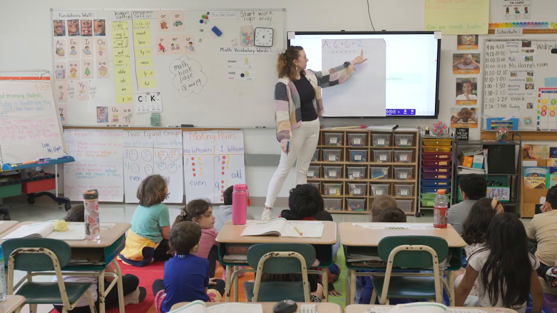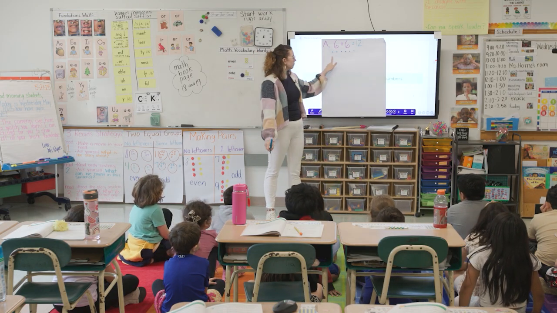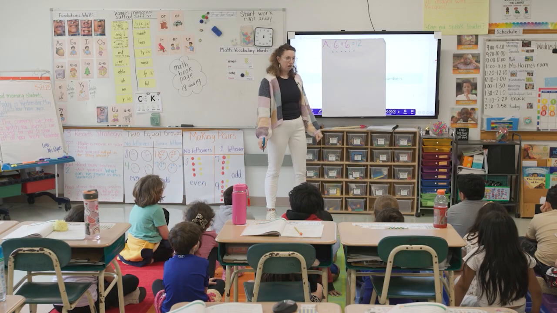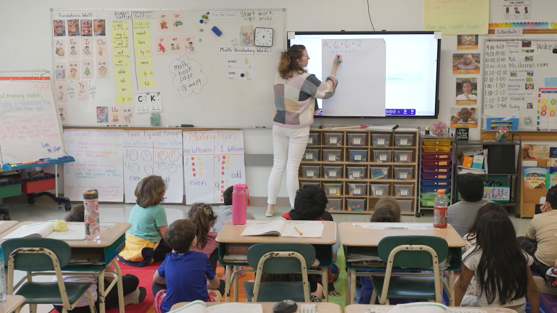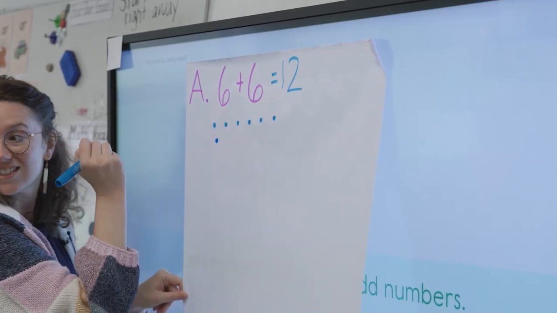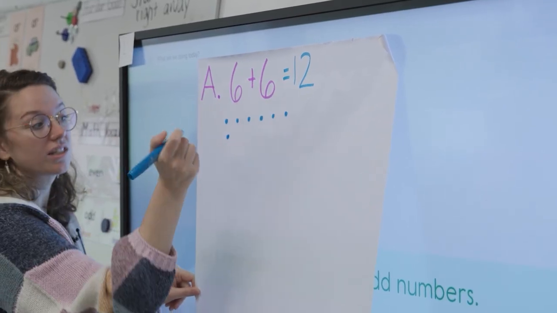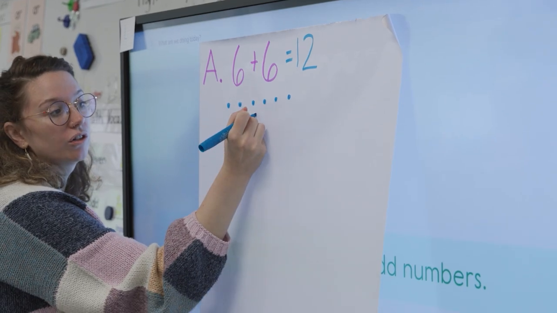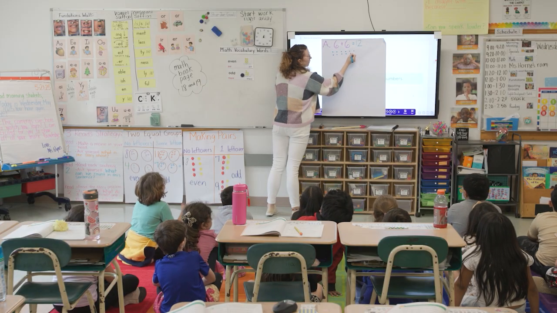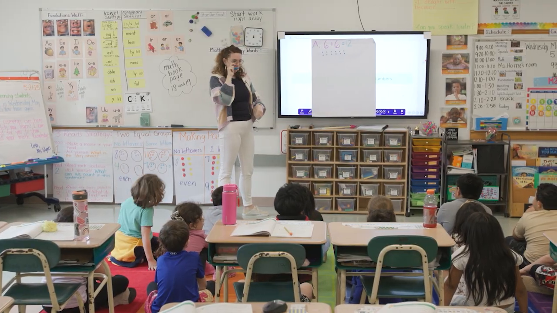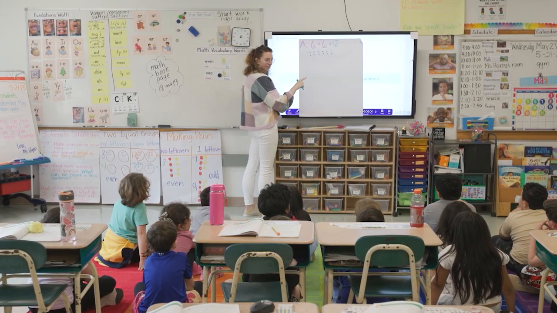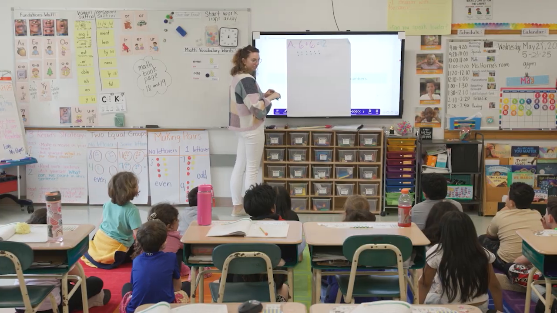Good. Where did the other 6 go? Did they go here or did they go underneath? Underneath, okay. So we did 6, count with me, 6 plus 6 more. So 1, 2, 3, 4, 5, 6. And then what did you do, Helen? Then I counted all of them and then I got 12.